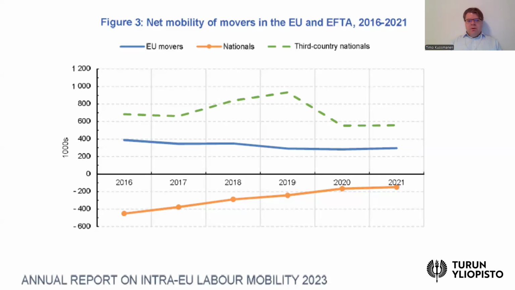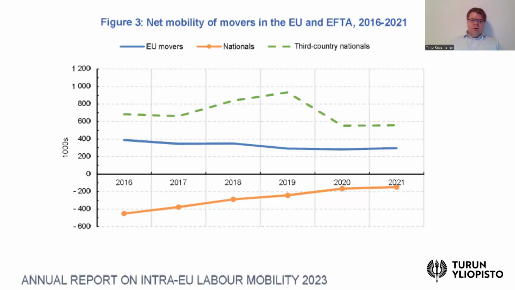And then the third curve, this green broken line, refers to third country nationals. So these are workers coming to the EU and EFTA countries from outside of the EU, for example from Ukraine or Russia or the Middle East or Africa.